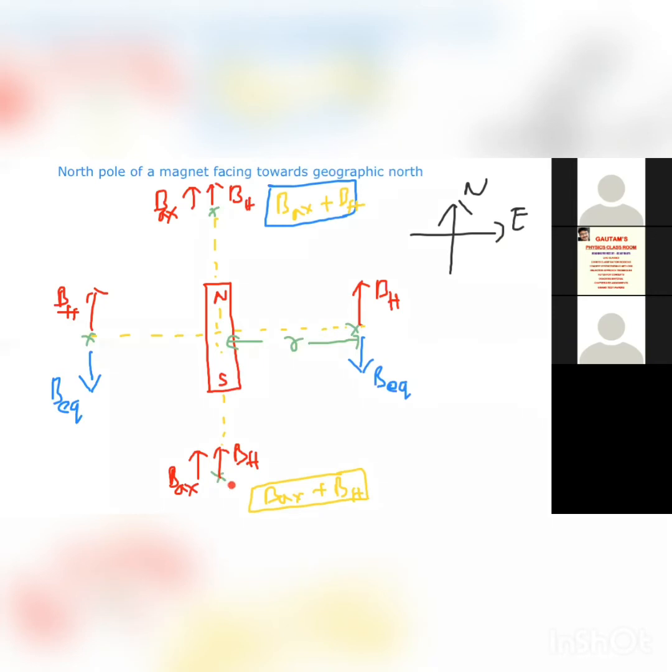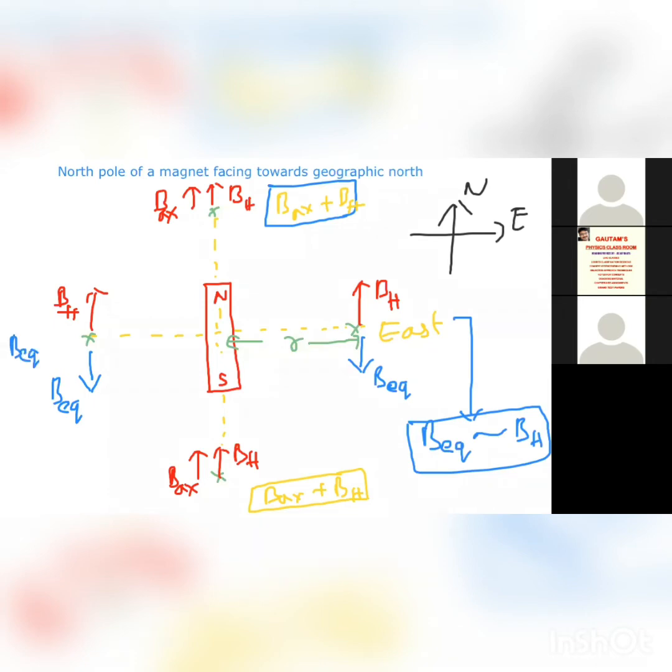At the east point, B equatorial and BH are opposite, and for opposite fields we have to use the difference.